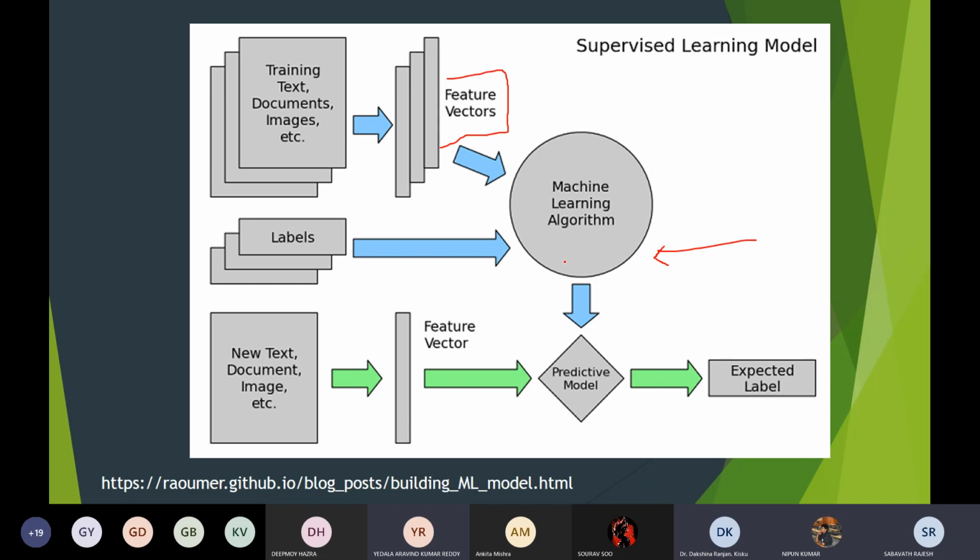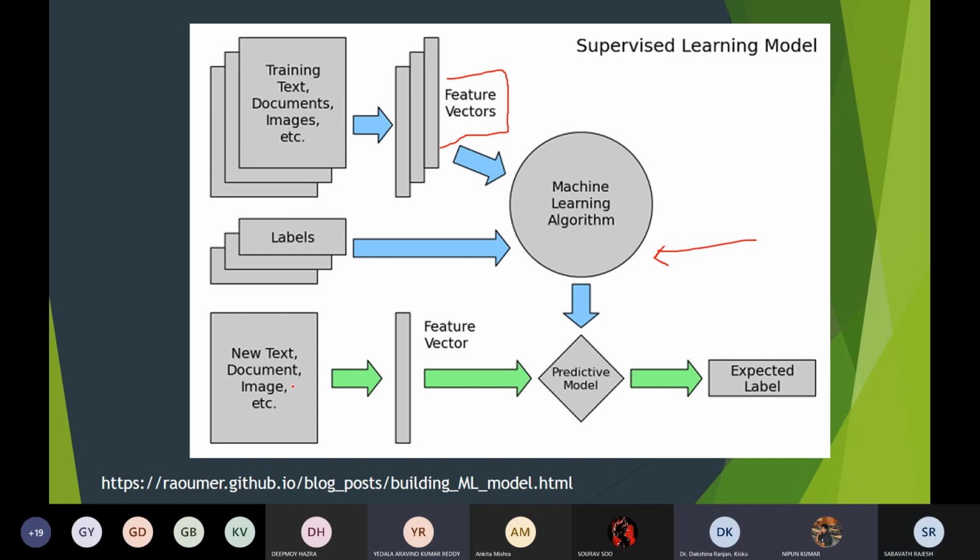This machine learning algorithm will be responsible for constructing a learning model or trained model. Now this trained model will be used to classify the text in the document or images. These training examples are used to build this training model.